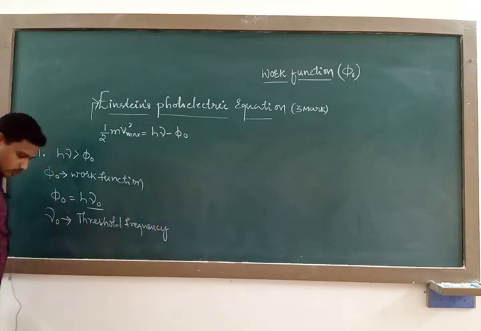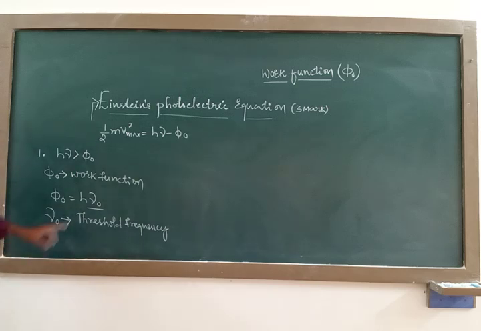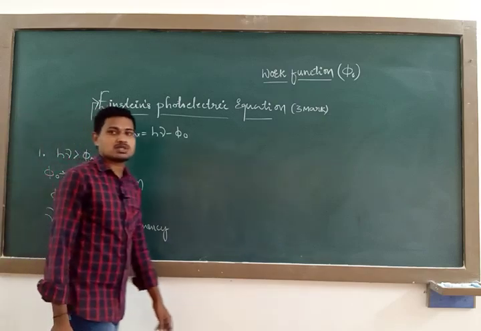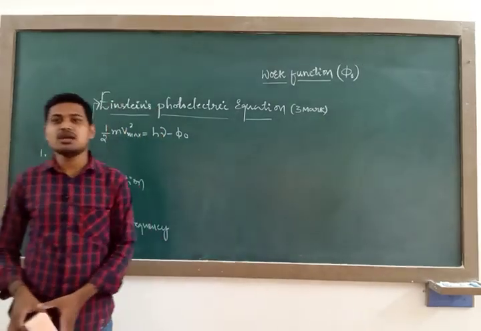See here, the greater the threshold, the higher the work function of the material. So more energy is required for the material to release its electrons, so we require a higher threshold frequency. Obviously, the threshold frequency will be higher for that material. Understood? Is it clear?